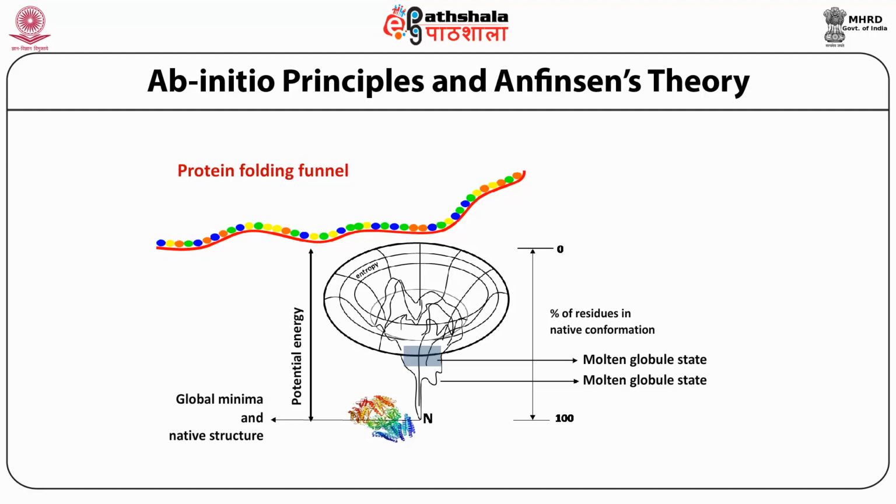The protein energy landscape is very uneven. It consists of many local minima in which partially folded proteins with relatively higher energy are seen. The global minima, representing the native structure, is found deep down the energy funnel, passing through several molten globule states, which is a number of intermediate conformational states between the unfolded states and the complete native state of the globular protein.